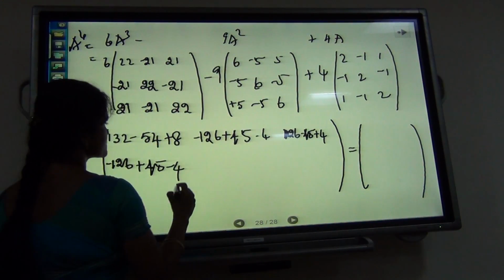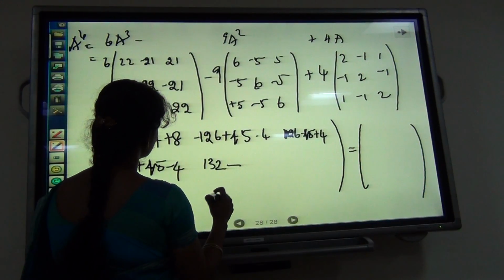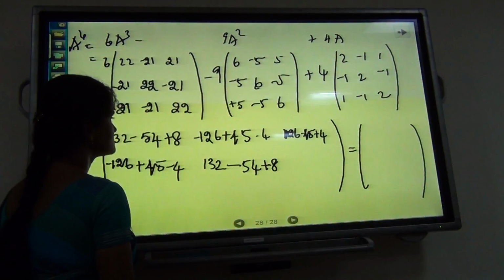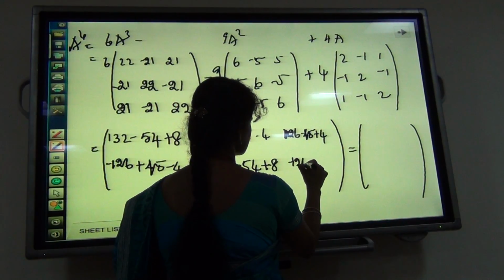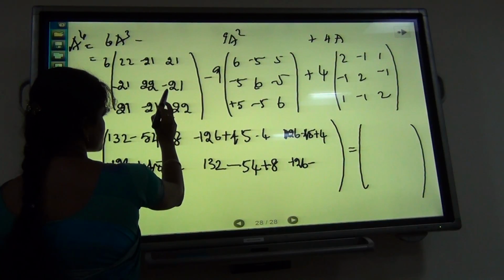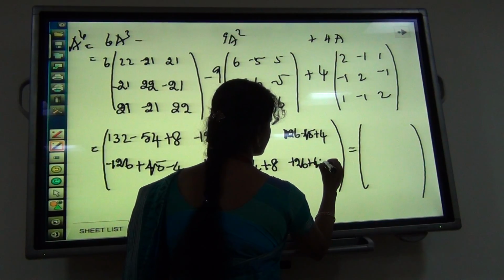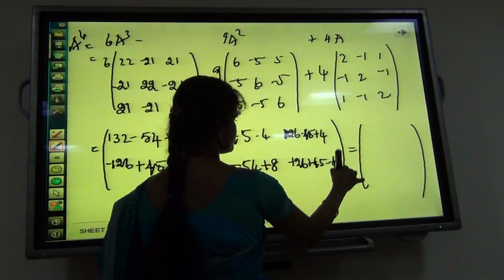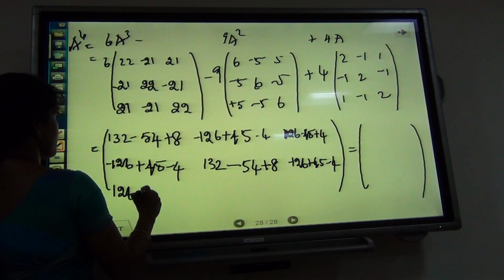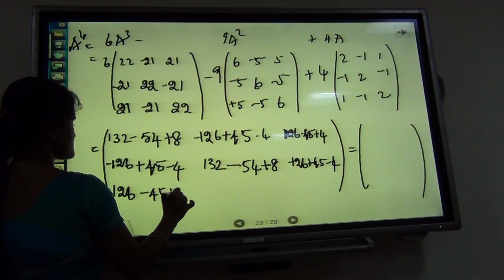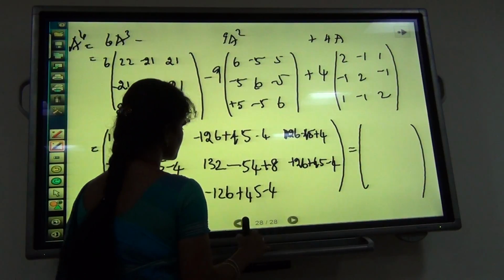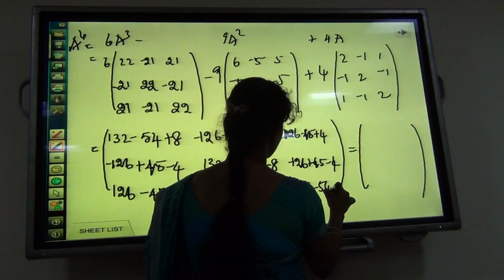So here 132 minus 54 plus 8, and minus 126 plus 45 minus 4, and 126 minus 45 plus 4.